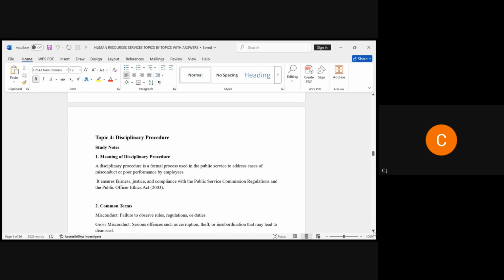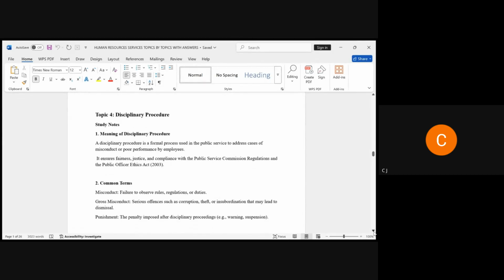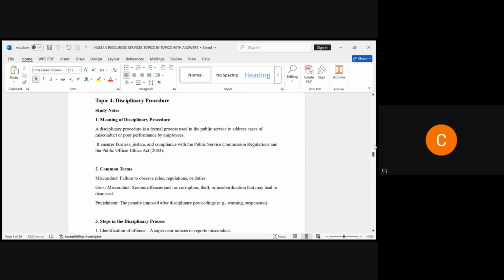Common terms that you will find under this topic called disciplinary procedure: number 1, misconduct. Number 2, gross misconduct. Number 3, punishment.